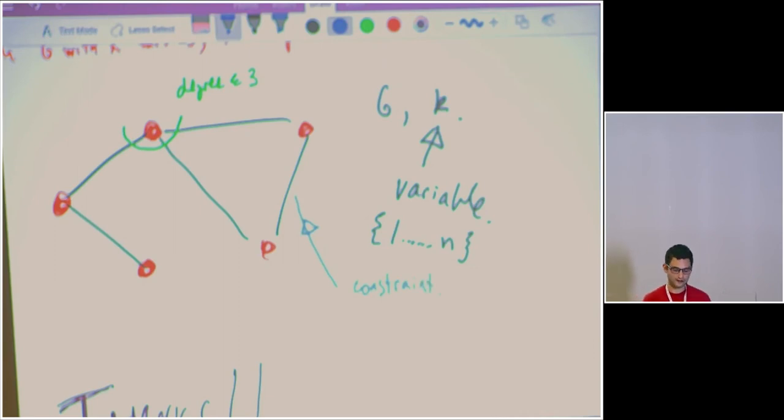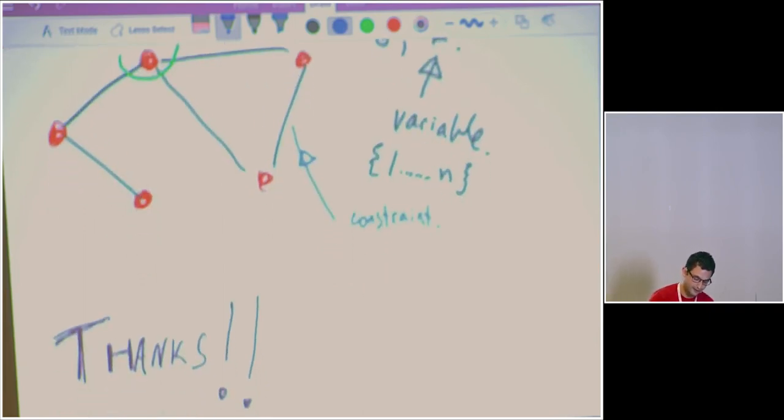And what does it mean that it is a constraint? I'm just going to tell you the set of legal number pairs that I can set these vertices to.